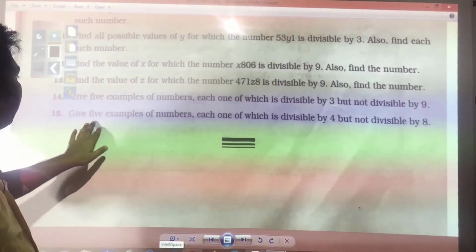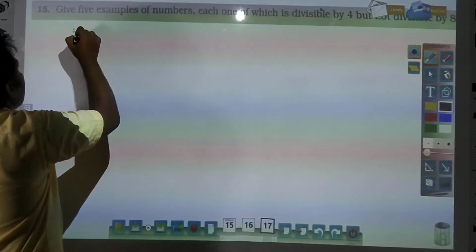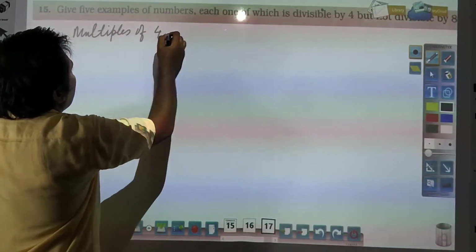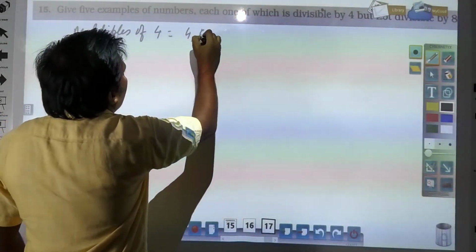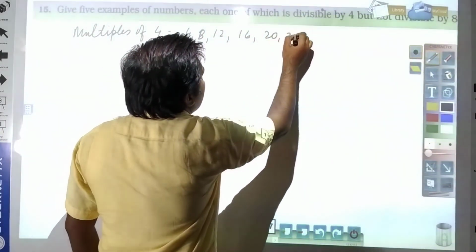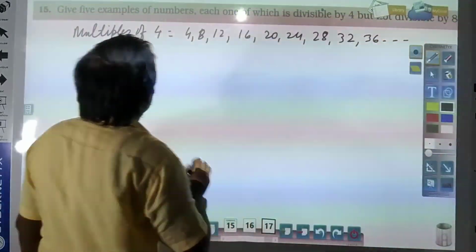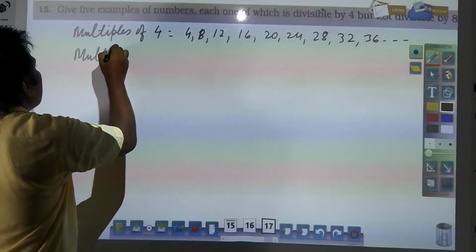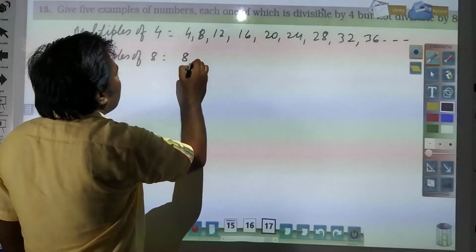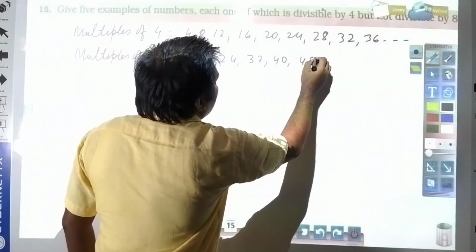Then you have, give 5 examples of numbers each one of which is divisible by 4 but not by 8. Here we will write multiples of 4, that will be 4, 8, 12, and so on, and multiples of 8, and so on.